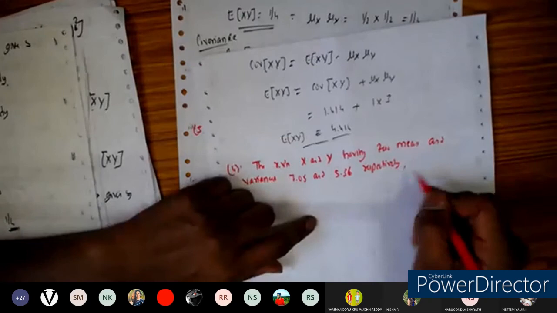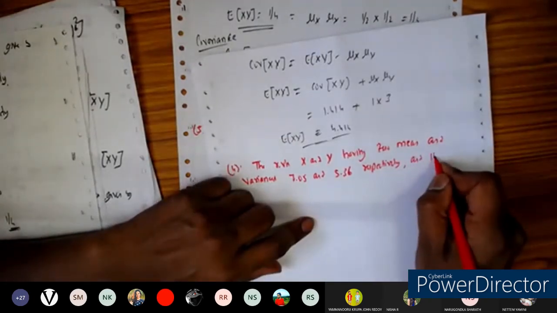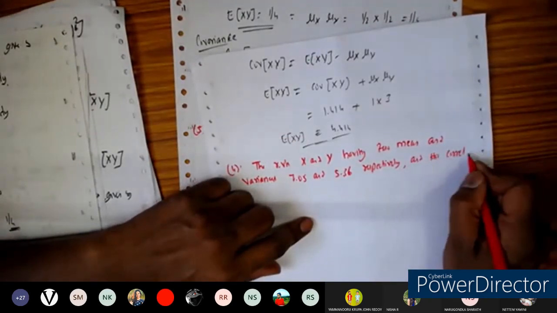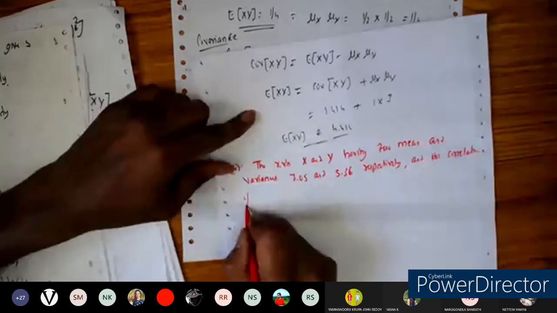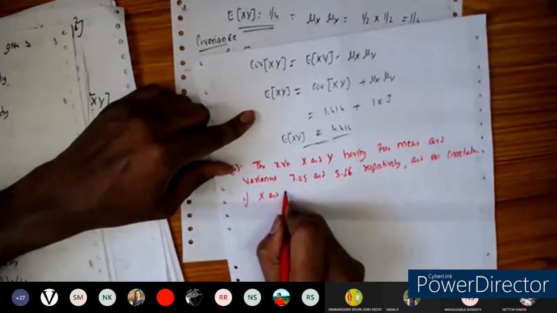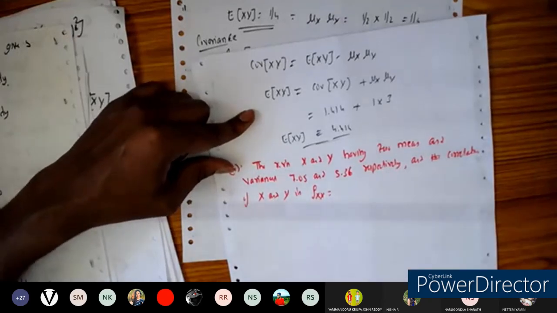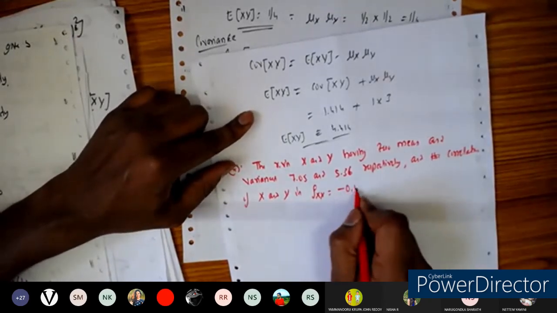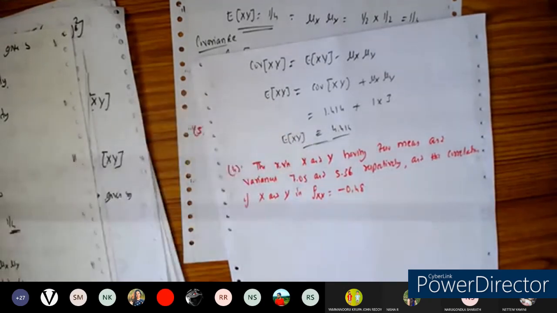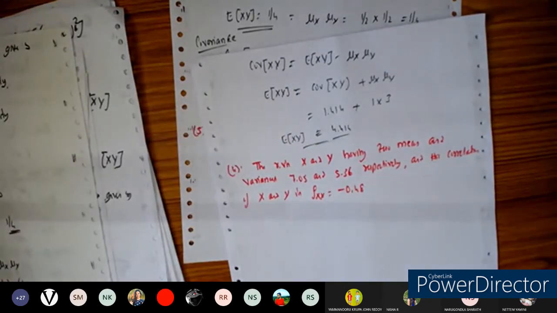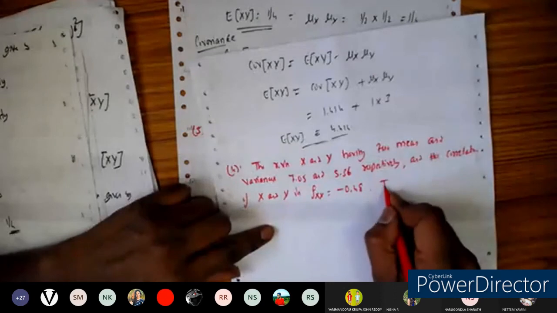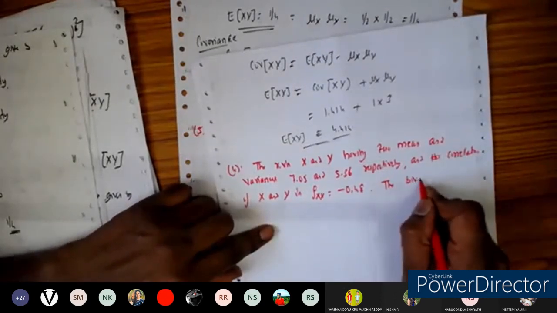And the correlation of x and y is rho xy, which is equal to minus 0.48.